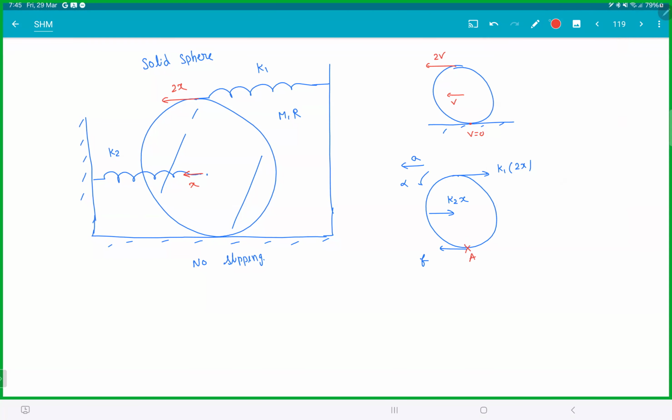Take torque about the bottommost point. K2x into r, 2k1x into 2r is equal to minus I_A, that is 7 by 5 mr square alpha. This guy would be 5 by 7m, minus k2 plus 4k1, on r will cancel, is equal to a into x.